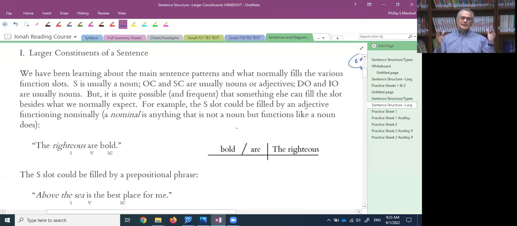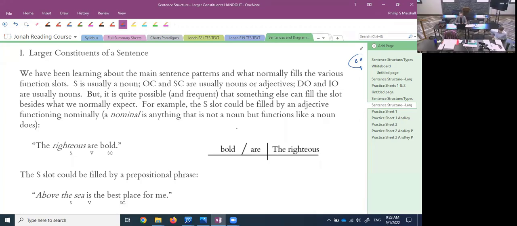Now, sometimes we have sentences that aren't basic. In fact, if all of our sentences were just very simple, basic sentences, our language would be very boring and our conversation would be very boring. But we can fill those function slots with things that are bigger than we expect, right? And sometimes we can fill those frames with things that are from a different category than what we expect.